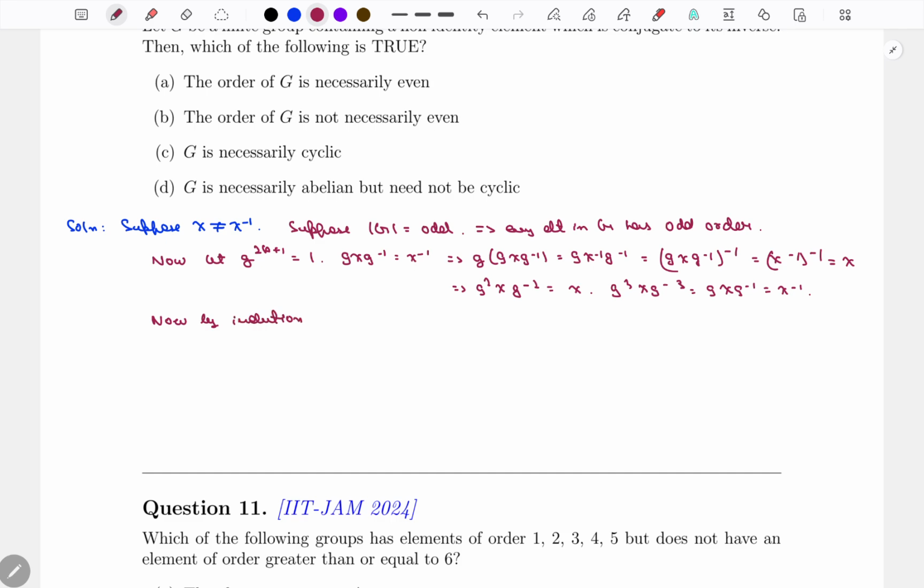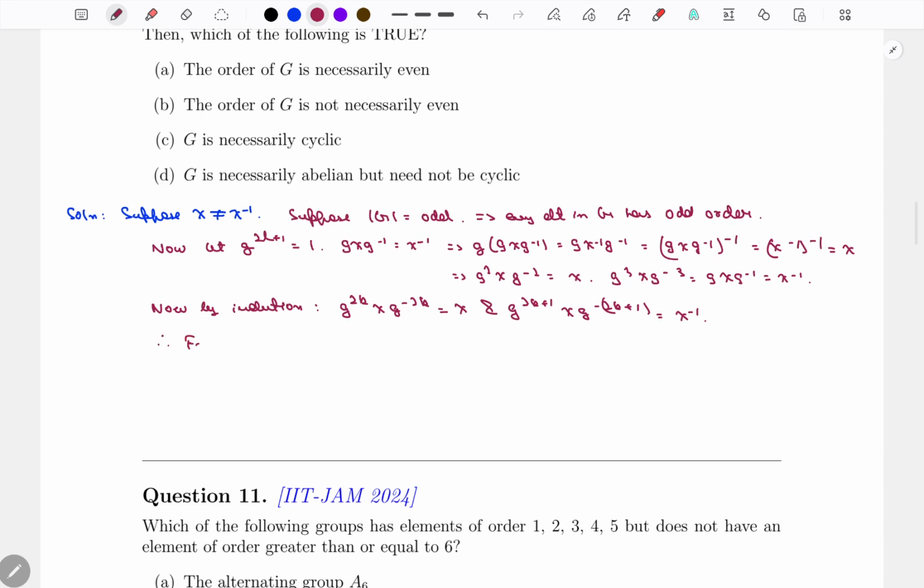At least I can see a pattern, so I'm not getting into the induction. By induction, g to the power 2k x g to the power minus 2k will become x, and g to the power 2k plus 1 x g to the power minus (2k plus 1) will come out to be x inverse. So I'm just setting this to be g to the power 2l plus 1.